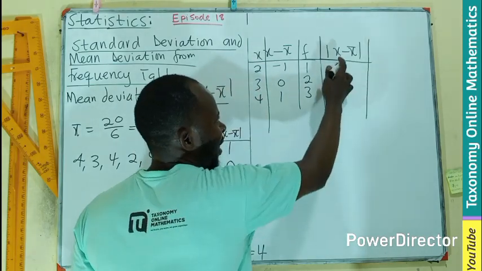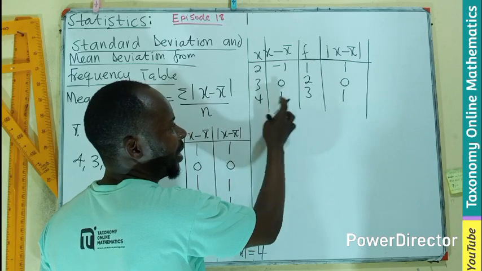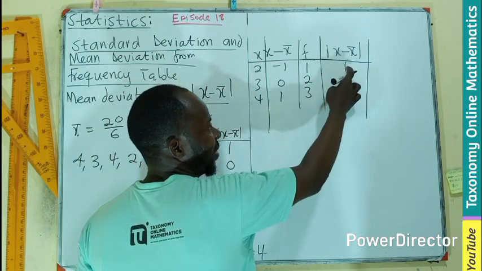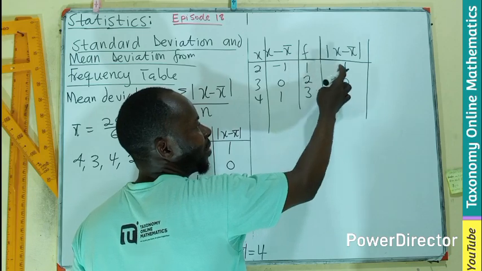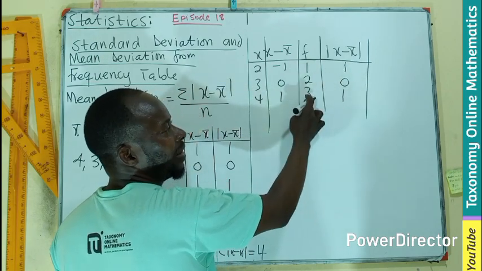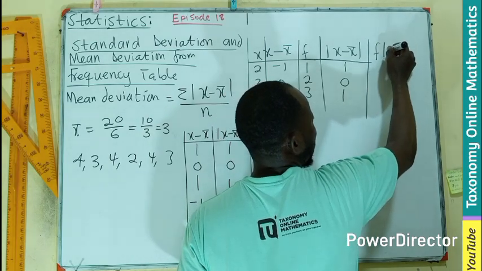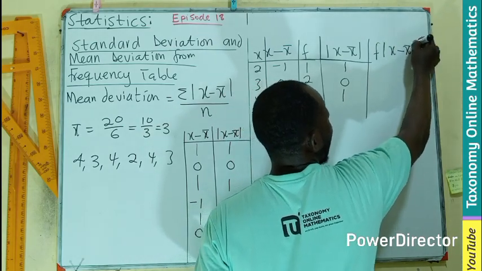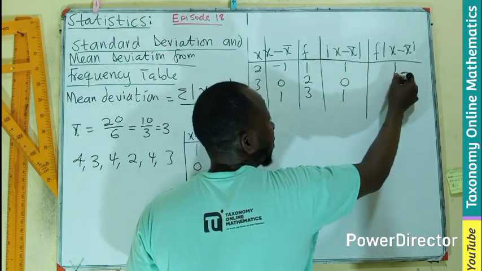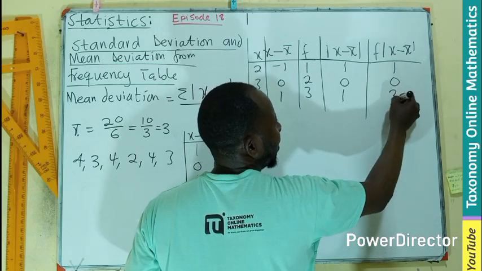So for me to find the summation of this, I need to know how many times each value is appearing. This will be added 1 time. This will be added 2 times. This will be added 3 times. That means the frequency will now multiply x minus the mean. So 1 times this, 2 times 0, 3 times this will give you 4.